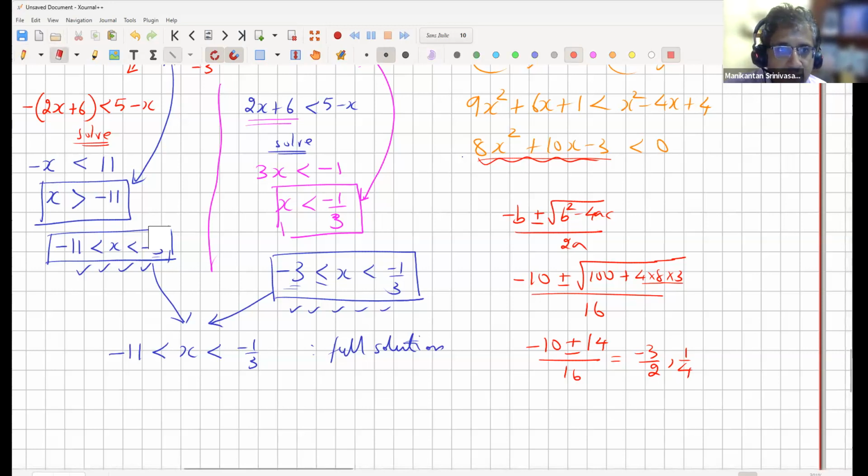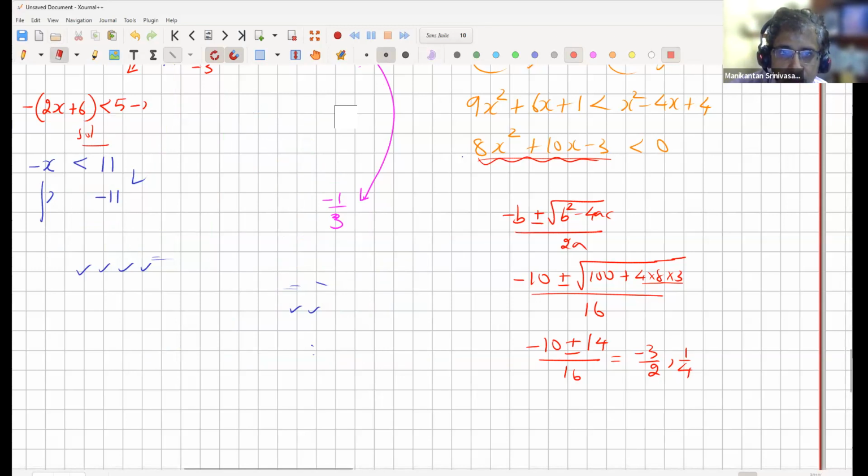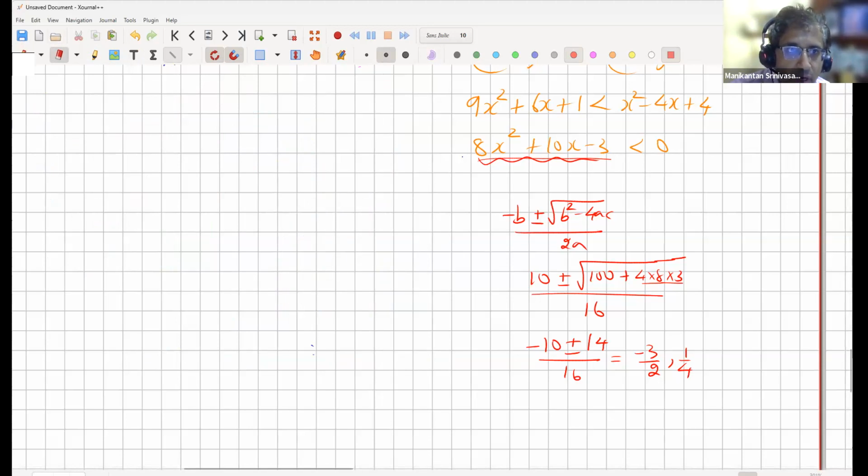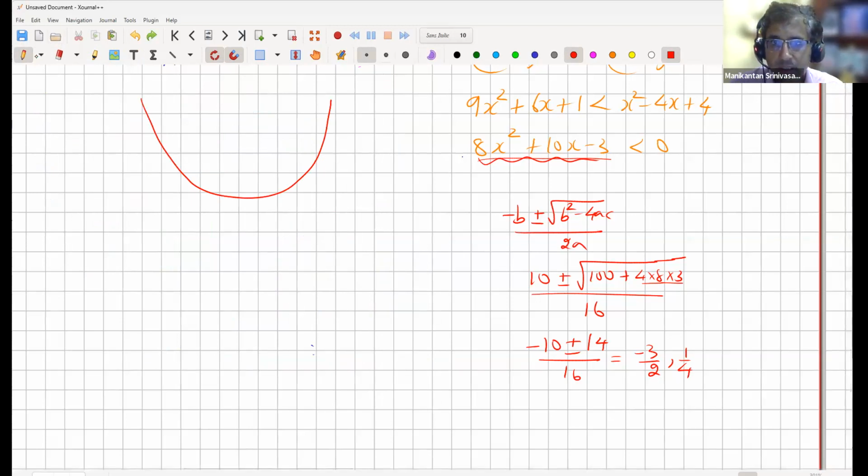I'll just make more space and erase this. Okay, so when we plot this quadratic, there'll be two roots, right?